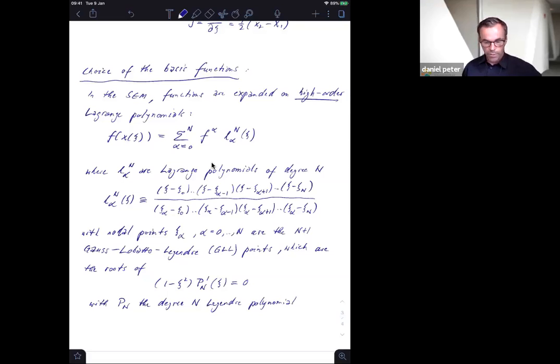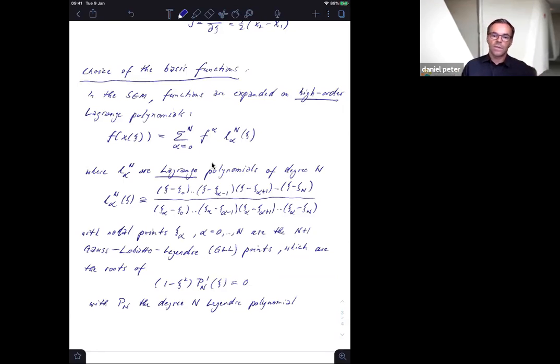So that's a bit confusing at the beginning, but the basis functions that we use are the Lagrange polynomials. And the Lagrange polynomials use a set of nodal points. The nodal point positions can be found by this characteristic equation, looking for the roots of that.